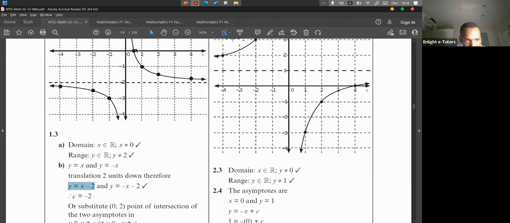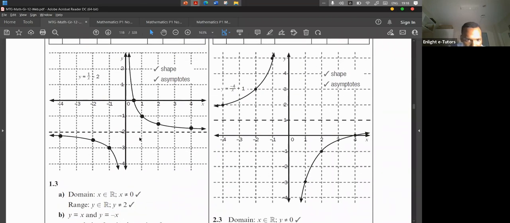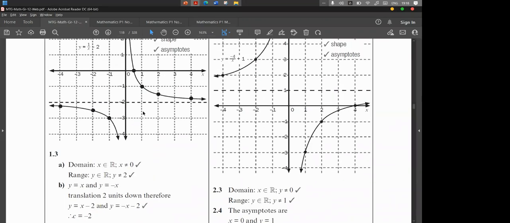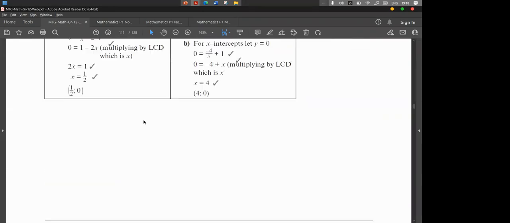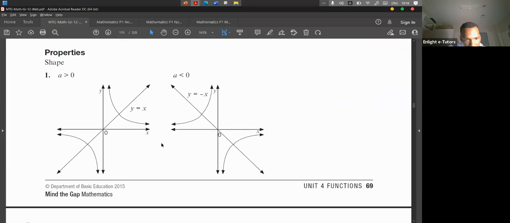So actually, y is equal to -2. This one, because here we're talking about line of symmetry. It's either going to be in here or here. Both of them are going to be lines of symmetry. Let me show you what I mean by line of symmetry. Line of symmetry can be like this or can be like this.